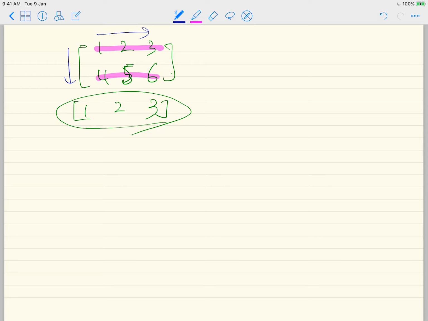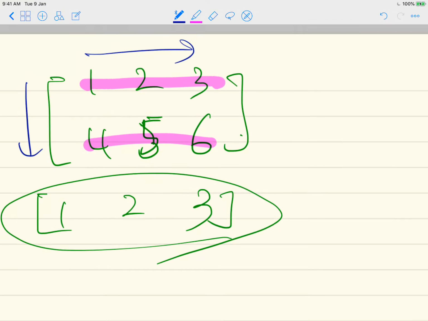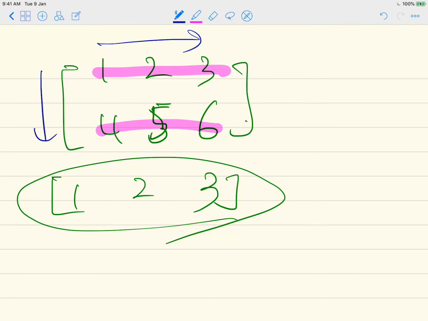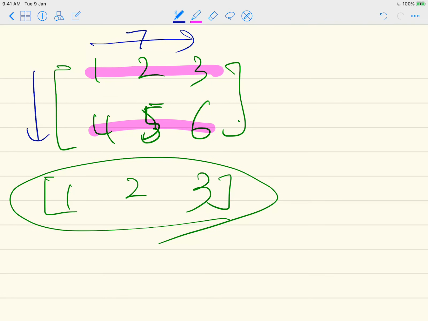So a one-dimensional array is called a vector, and a two-dimensional array is called a matrix. And what about a three-dimensional array, such as 7, 8, 9, and maybe 10, 11, 12, right?